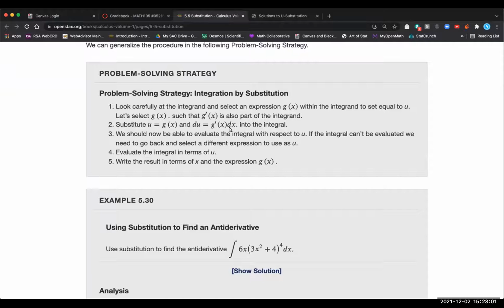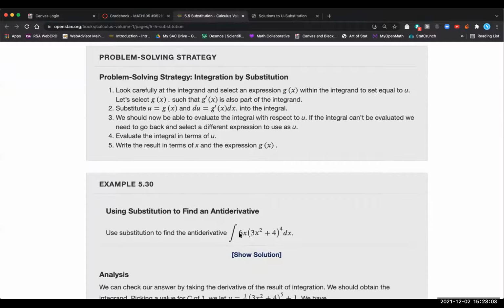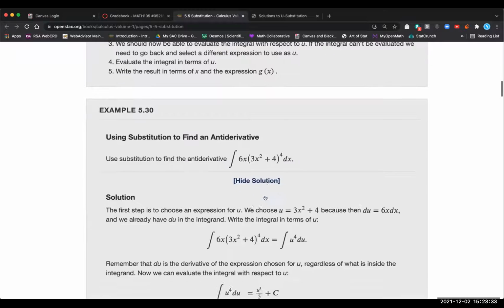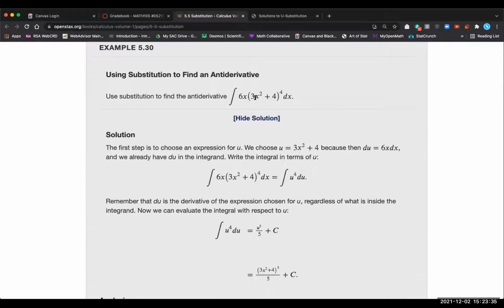So there's a strategy in going about how to integrate something like this, where you look for some function inside of another function, and the derivative of that piece is also apparent. So for example, in this example, 3x squared plus 4, the derivative of that is 6x. So you'll see this function and its derivative are in the original function, as we see those pieces. And so what you're going to end up doing is say, okay, I see this inside piece.